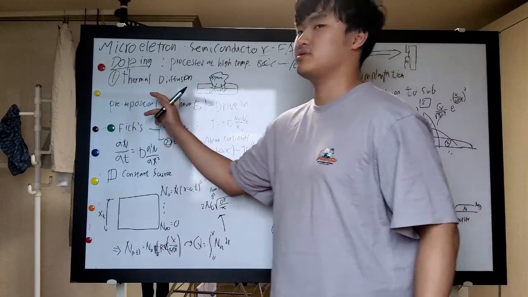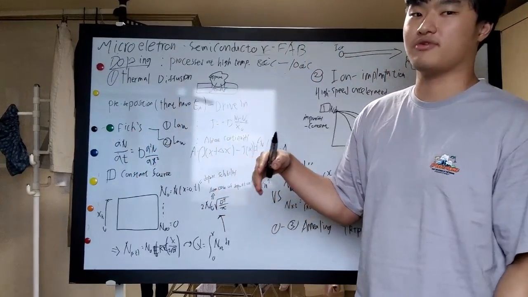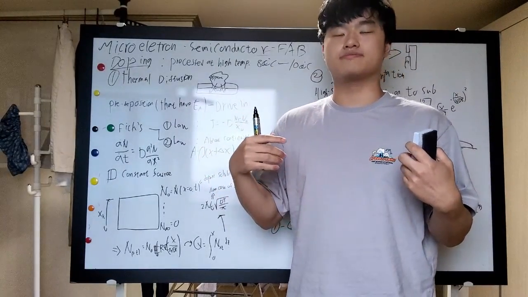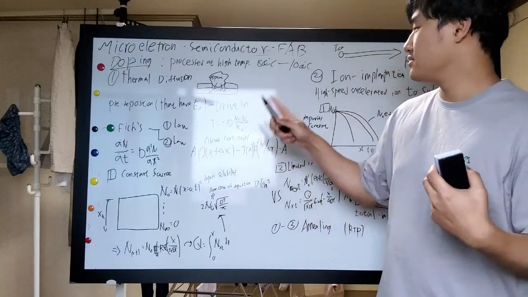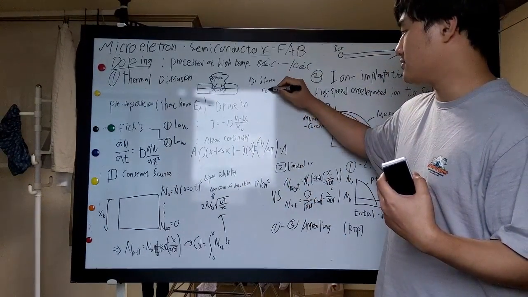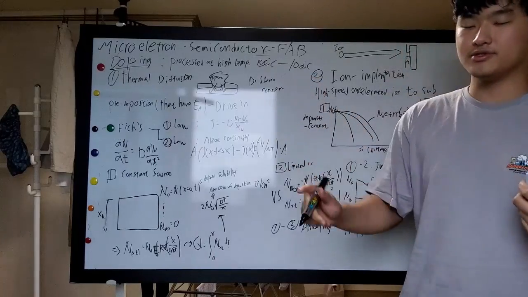Thermal diffusion, as its name says, uses thermal heat and pressure, using the difference of concentration between the materials.